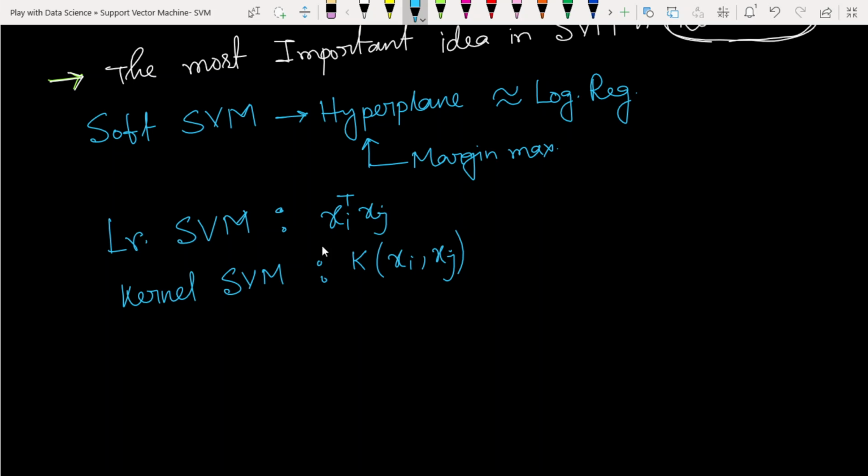This is the main point. Linear SVM and logistic regression are the same, but not the main important thing. It is a trivial thing in the regression world. But the most beautiful, most interesting, most adventurous thing is the kernel. So let's see.